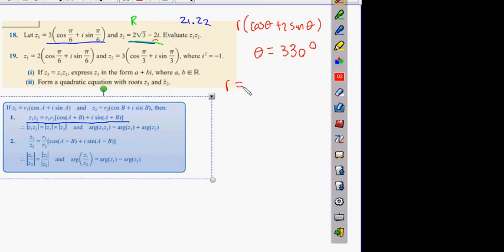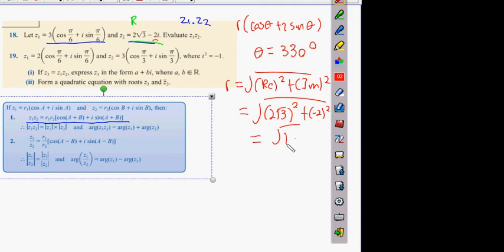The modulus is the square root of the real part squared plus the imaginary part squared, which is the square root of 2 root 3 squared plus minus 2 squared. That gives me 12 plus 4, the square root of 16, so r equals 4.